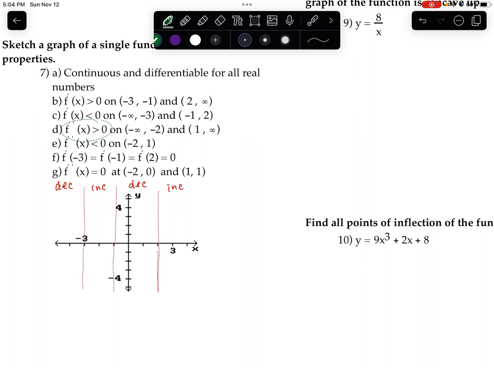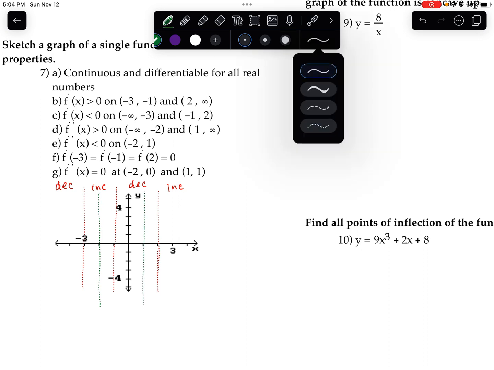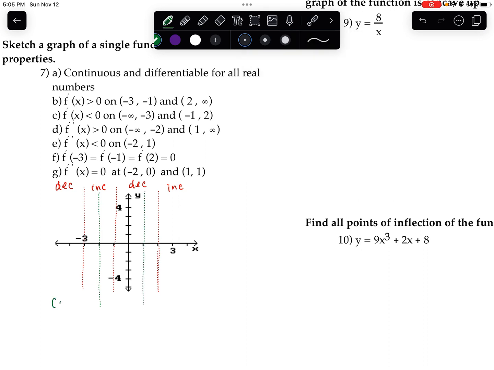So f double prime is greater than 0. That means concave up from -infinity to -2, so right there to there, and then from 1 to infinity. So it's concave up. We'll just say C up.